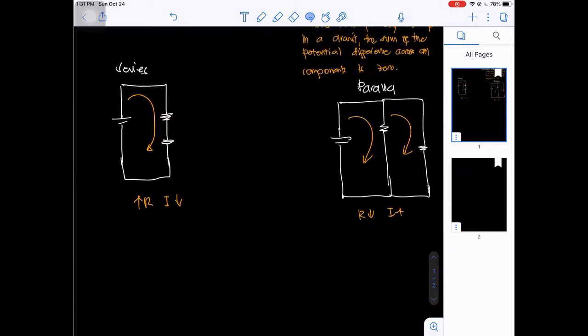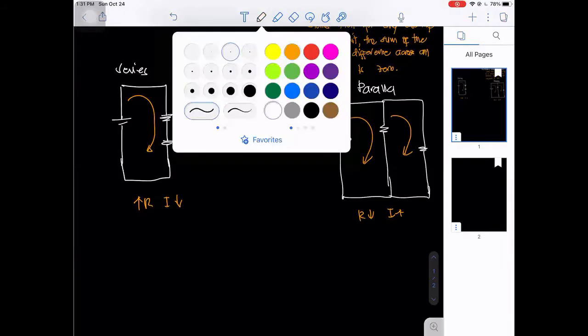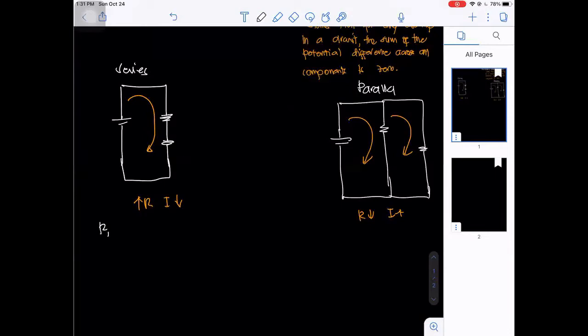You can determine the total resistance using this equation: total resistance RT is equal to R1 plus R2 plus R3, or if there are more resistances connected in series, you can use this formula up to Rn.